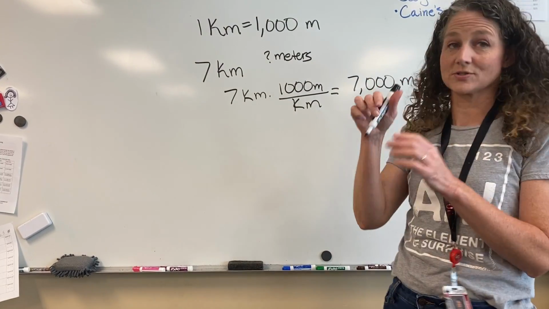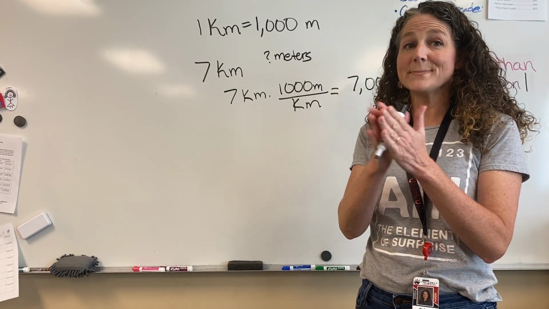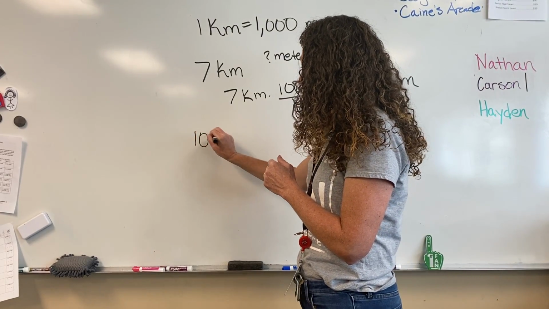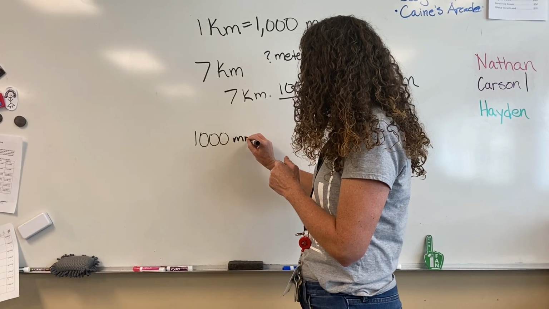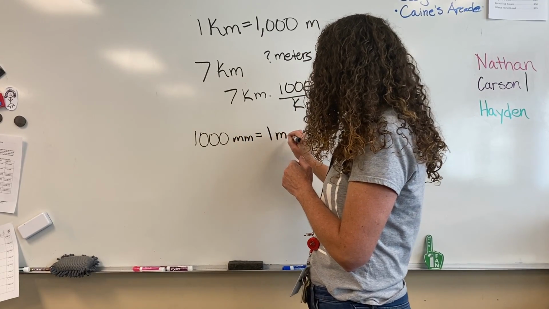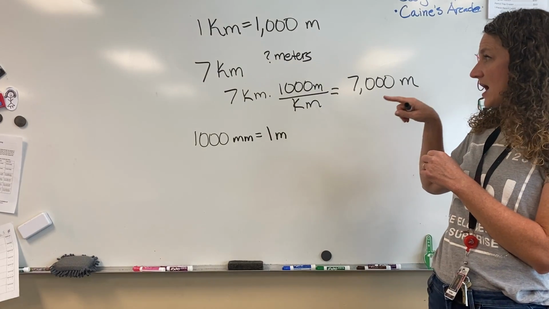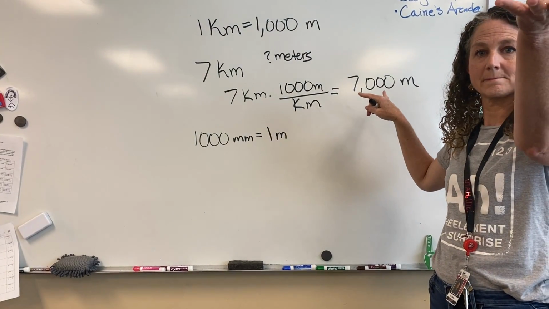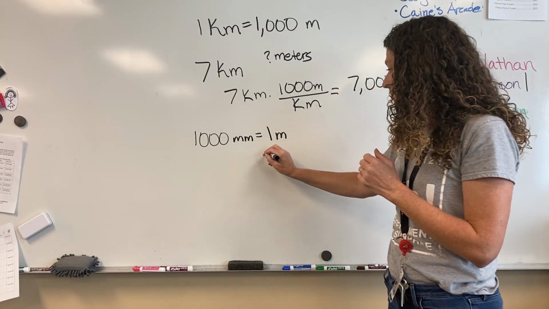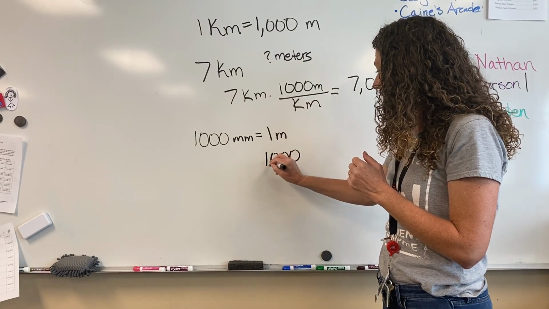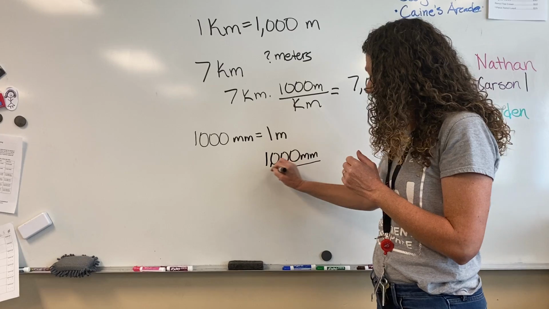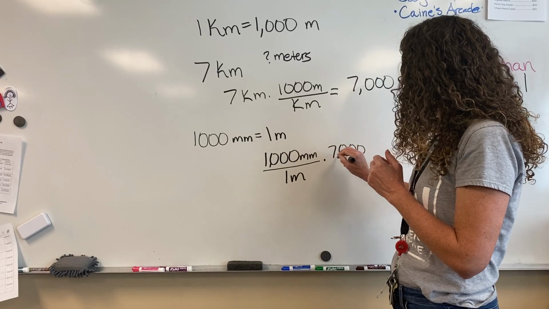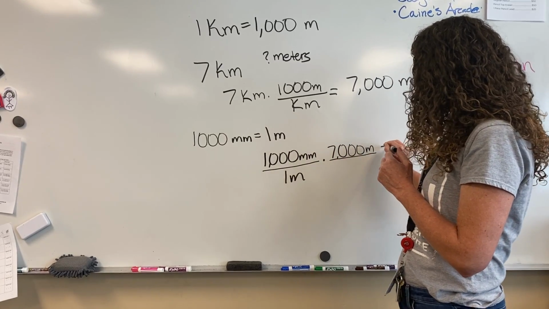Here's a question. Milli means 1,000th. There are 1,000 millimeters in 1 meter. So how many millimeters are there in 7,000 meters? 1,000 millimeters per 1 meter times 7,000 meters equals what?